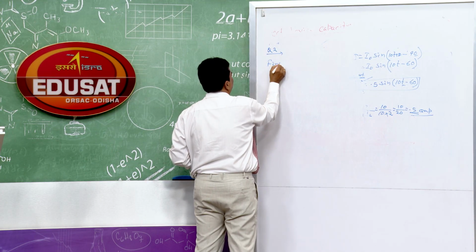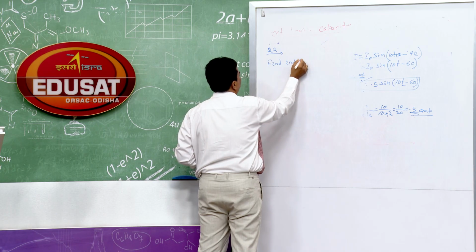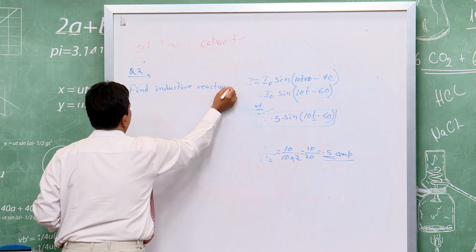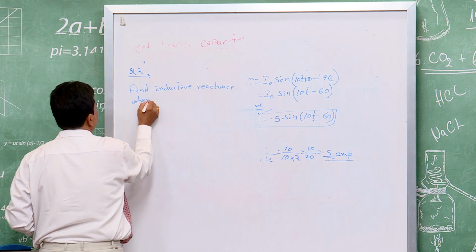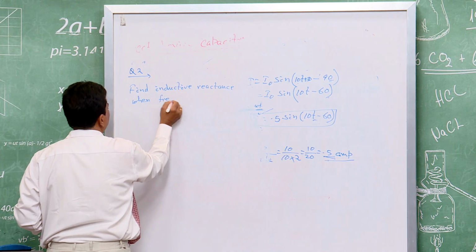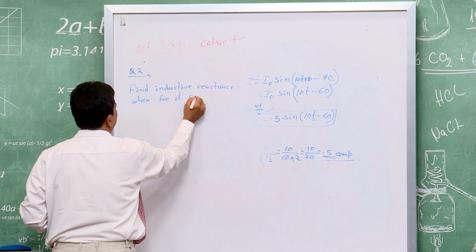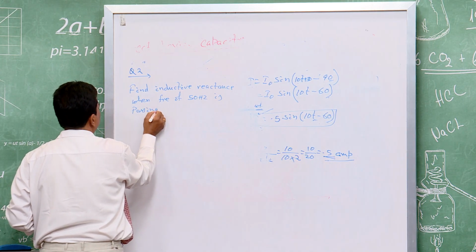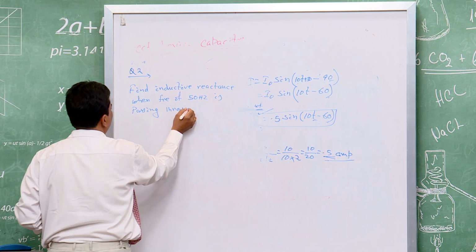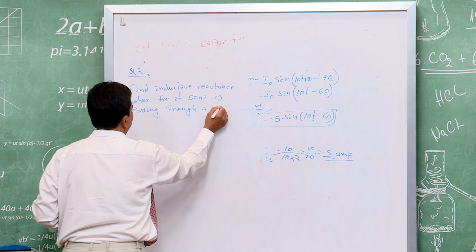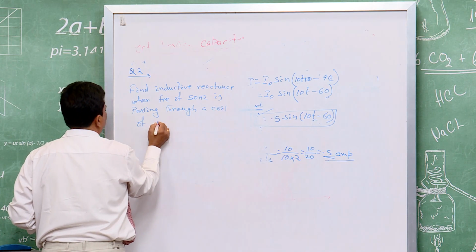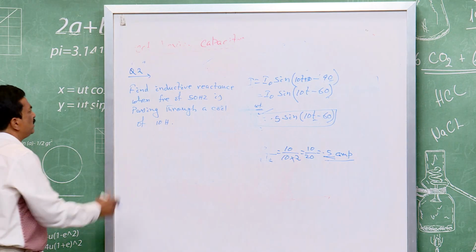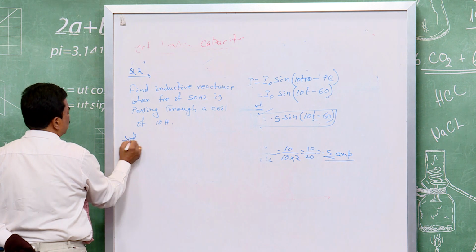Find the inductive reactance when the frequency of 50 Hertz is passing through a coil of 10 Henry. This is question number 2. Then we will go for the solution.